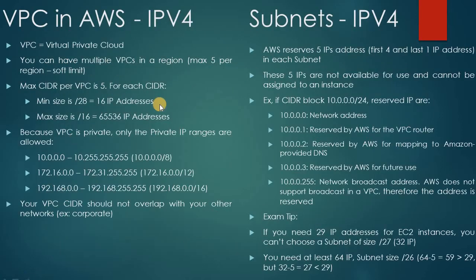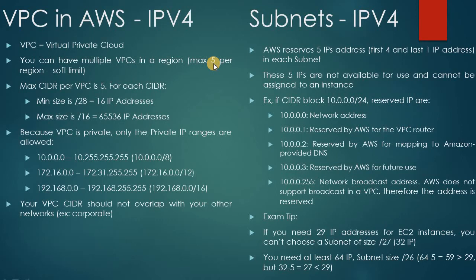Now I will open VPC and create a VPC to show you. Before I do, we will go through this. You can have multiple VPCs in one region. The max is 5. You cannot create more than 5 in one region, because VPC is region scope.